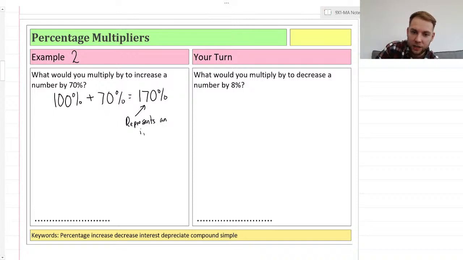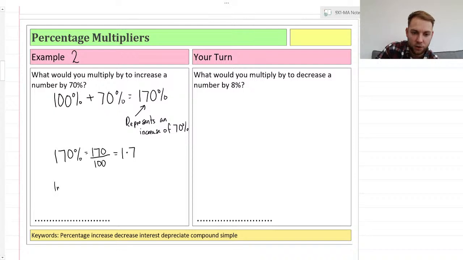Then if I wanted to find the multiplier for this, it's going to be 170%, which is 170 divided by 100, which is equal to 1.7.